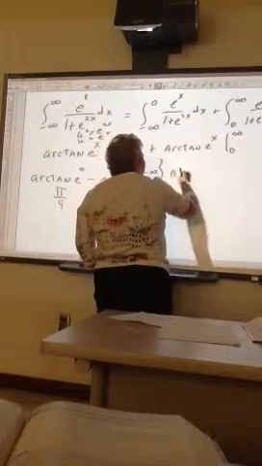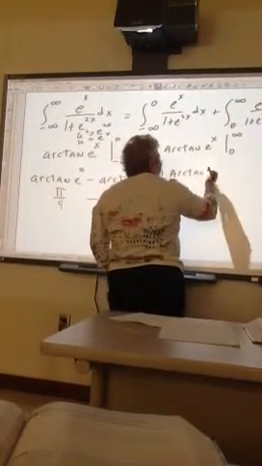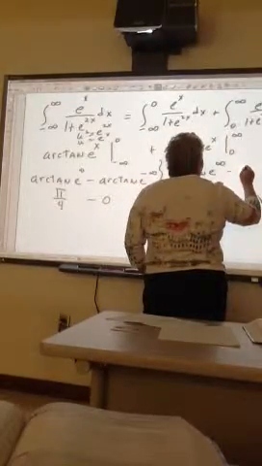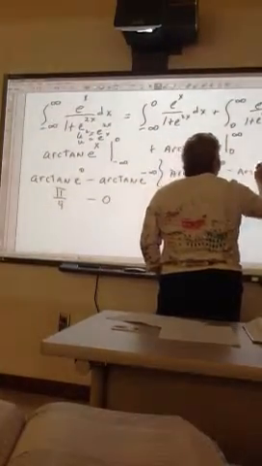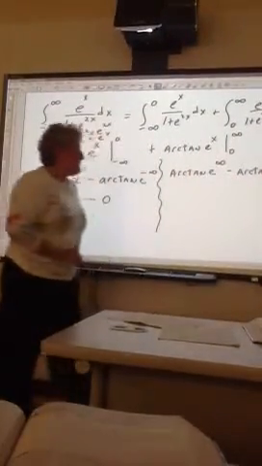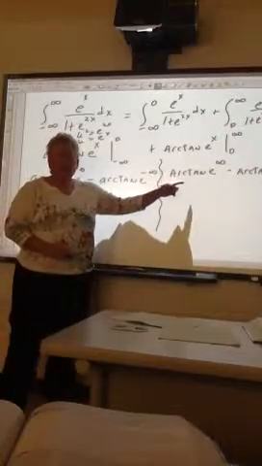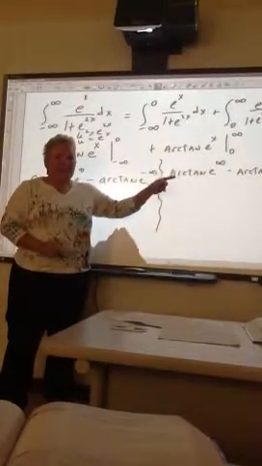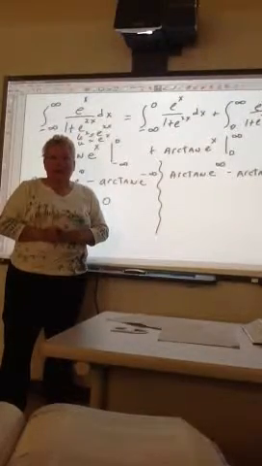So that's arctan e to the infinity minus arctan e to the 0. Be careful, this one's so tempting to get the wrong answer. Is that 0 again?